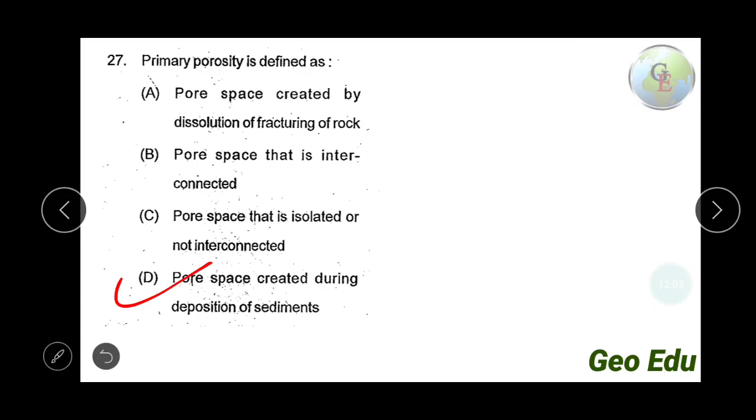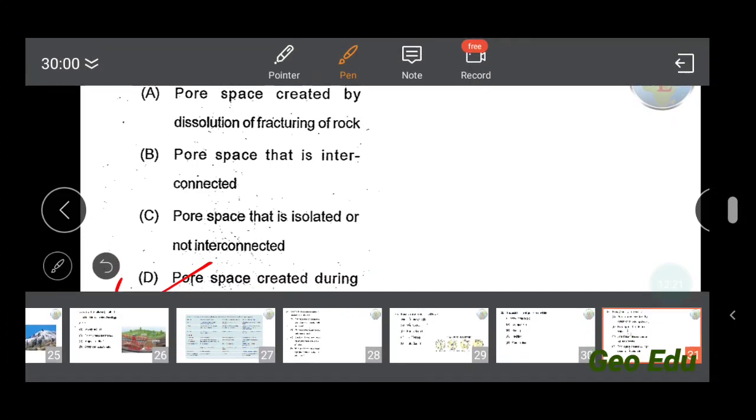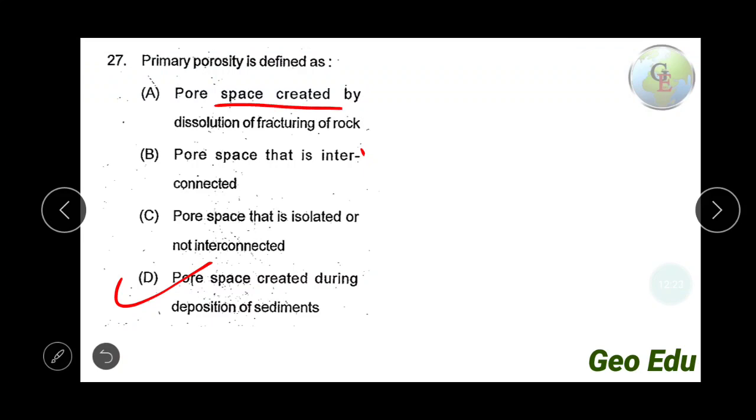Primary porosity forms simultaneously with the formation of rock. Option A, pore spaces created by dissolution or fracturing of rocks: first the rock will form, after that fracturing will happen, so it is not simultaneous.